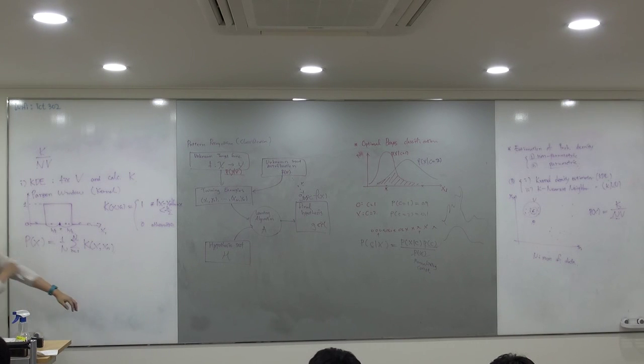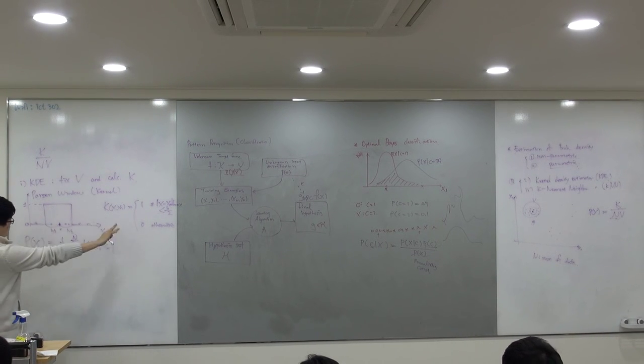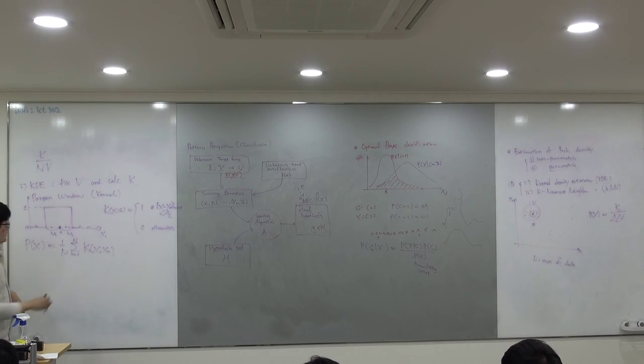This basically means that you want to count the data if it is in this region, but you don't want to count it otherwise. This is the partition window kernel.